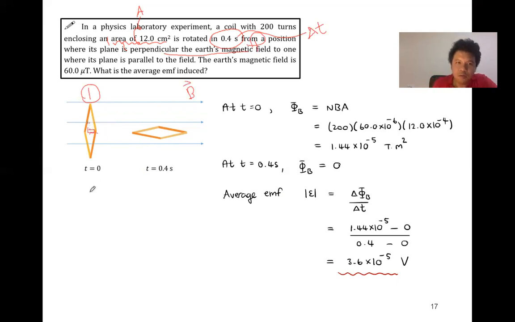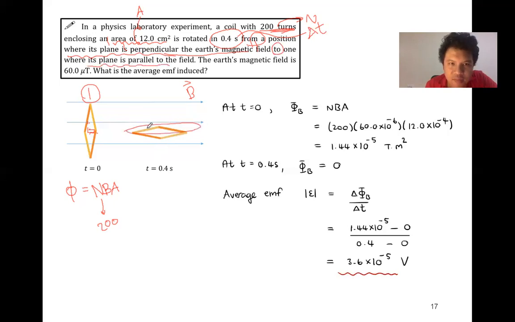Okay, so for this case, I expect to see that the flux should be BA. But if the coil has n turns, 200 turns, we multiply the flux by n. Then it rotates from the position where the plane is perpendicular to where its plane is parallel to the field.